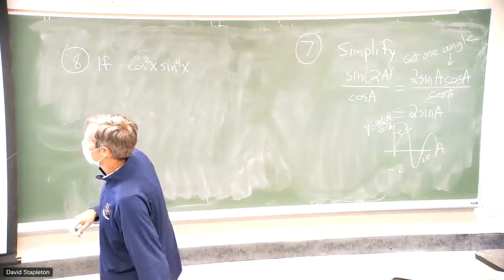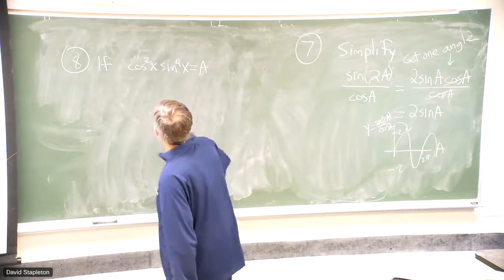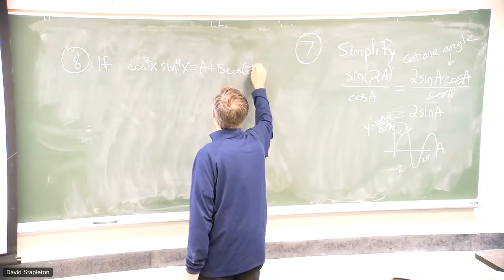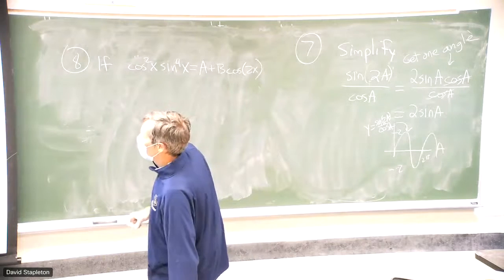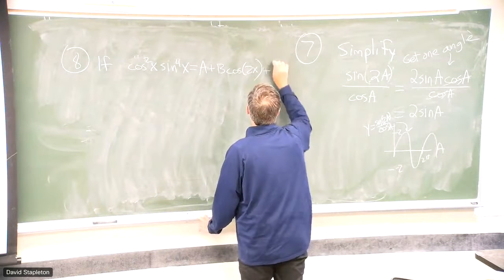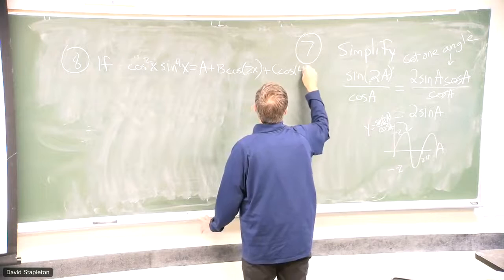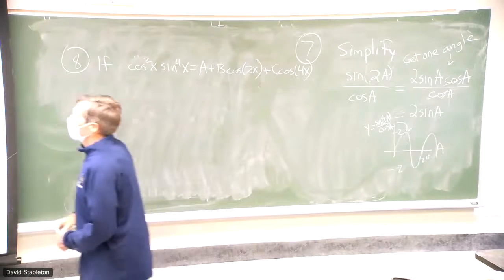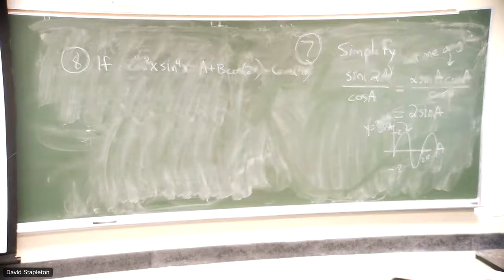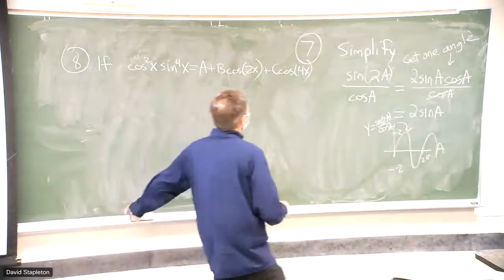Cosine squared x sine of the fourth x equals a plus b cosine 2x plus c cosine 4x plus d cosine 2x. Well, what a mess, huh?